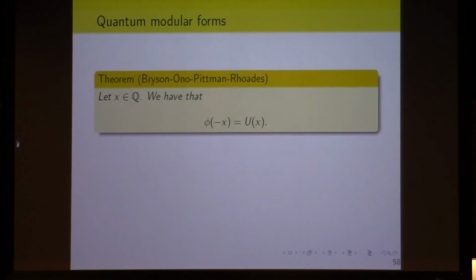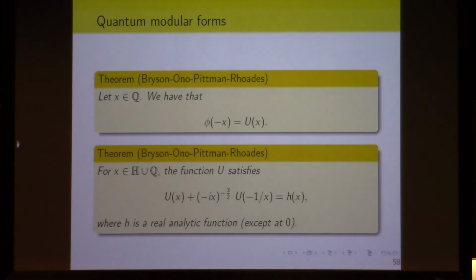It was proved by Bryson, Ono, Pitman, and Rhoades fairly recently that Zagier's quantum modular strange function from Kontsevich is equal to the unimodal function under the change of variable x goes to -y. So, another combinatorial interpretation of a quantum modular form.